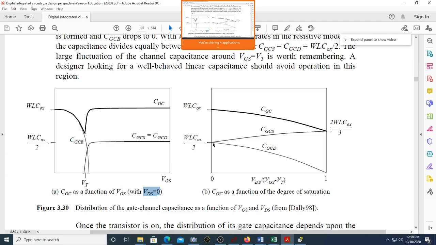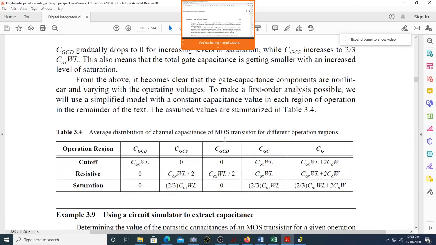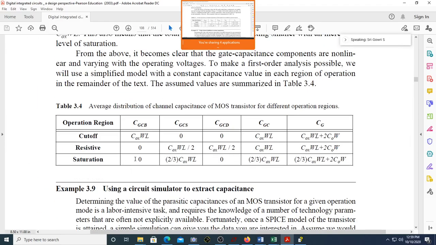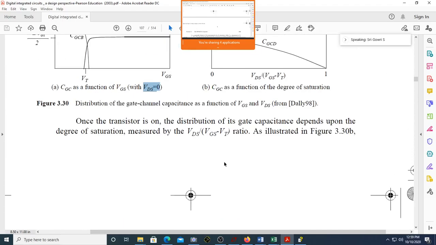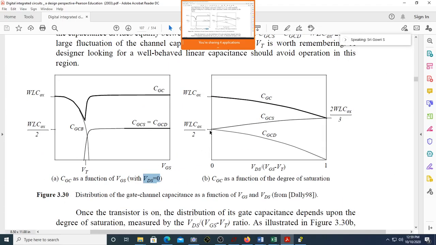As the channel starts pinching off, CGCD becomes almost 0, and CGCS goes to 2/3 of that Cox into W by L. This is exactly what is represented here: in the saturation region it is 2/3, and in the resistive region it is this. As you move towards saturation, CGCS increases towards 2/3, whereas CGCD goes towards 0, because there is no more channel existing towards the drain side.